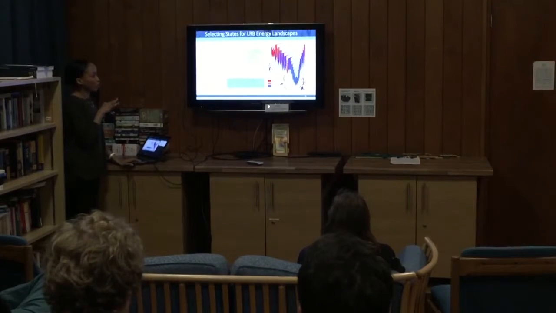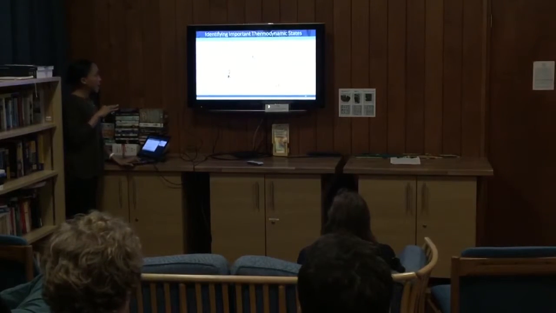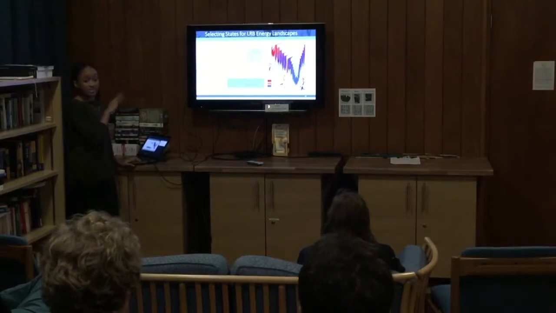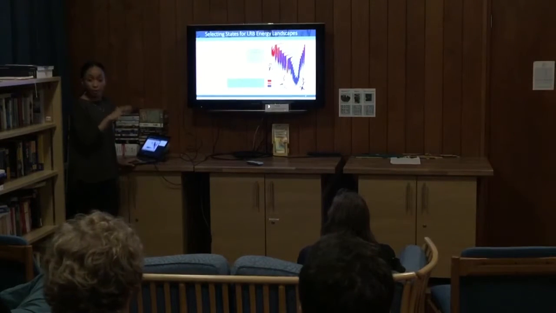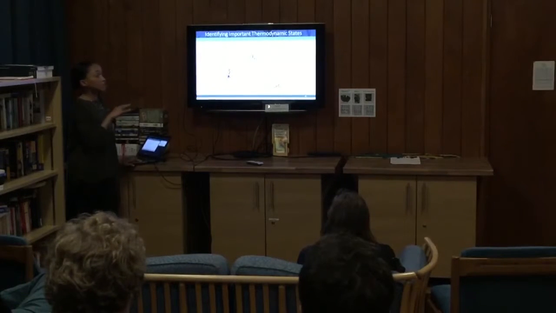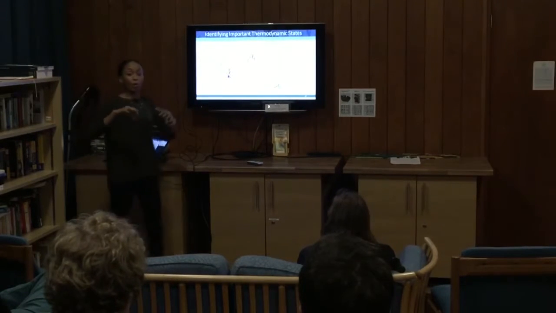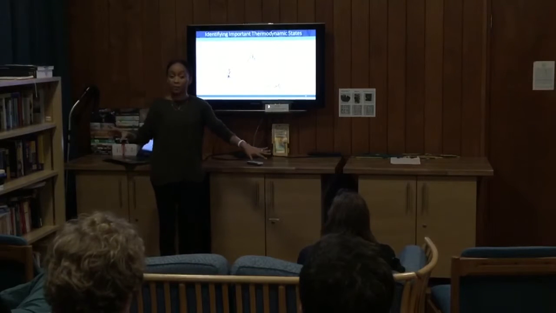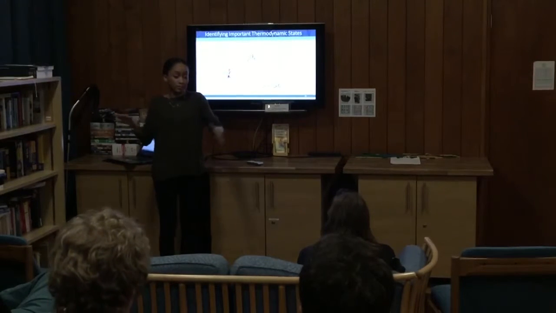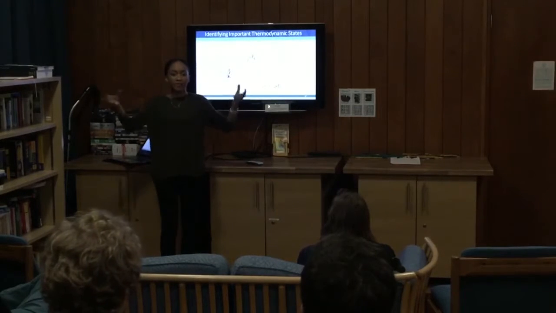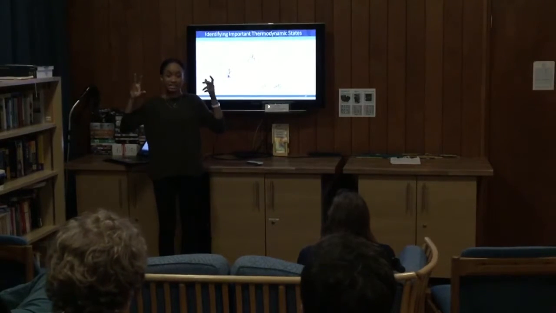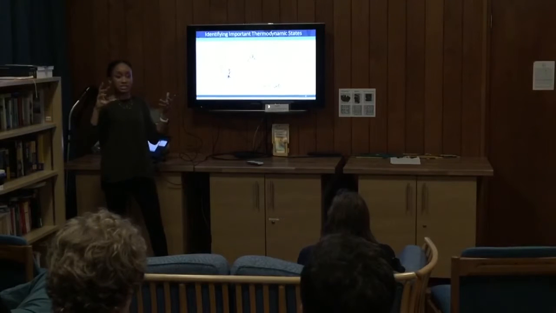And once you are able to do that, that helps you to identify states on your potential energy landscape that may be important. Now, in terms of thermodynamic states, when we do the path sampling, we sample at room temperature. But we know that we're dealing with matter, and the behavior of matter changes at different temperatures.